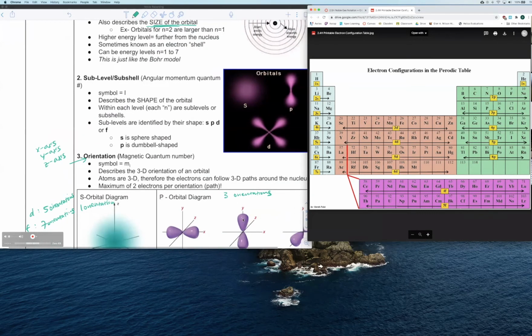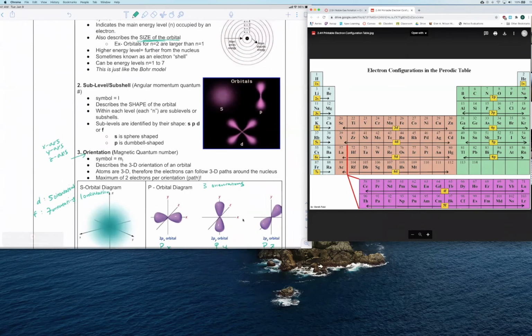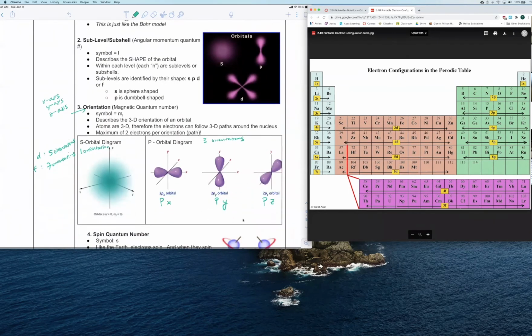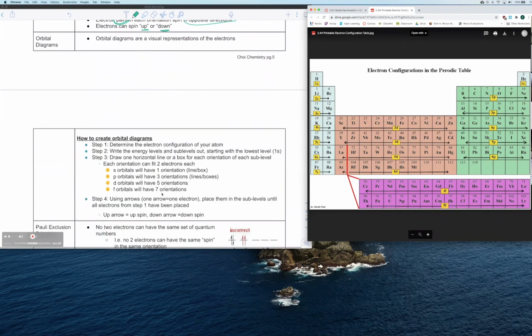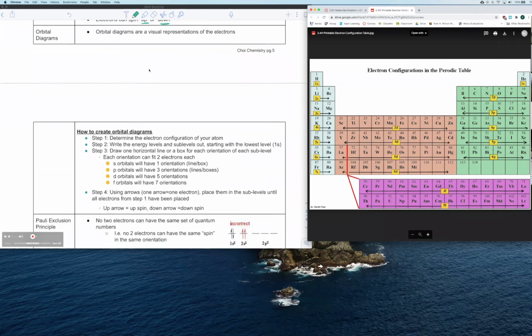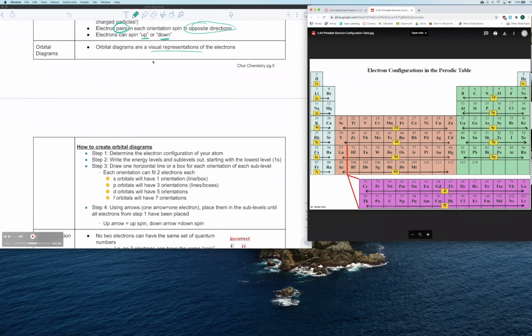Okay, so I know that was a lot of information, but again, don't worry too much about it unless you're going to take AP Chem. Let's go into how to create an orbital diagram. So an orbital diagram is a visual representation of the electrons of your atom.